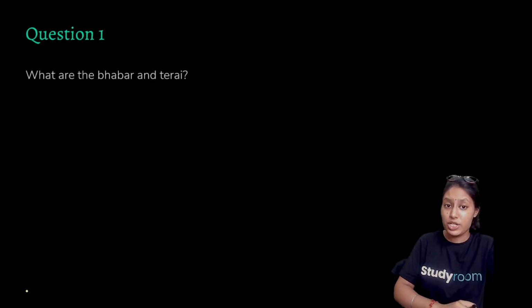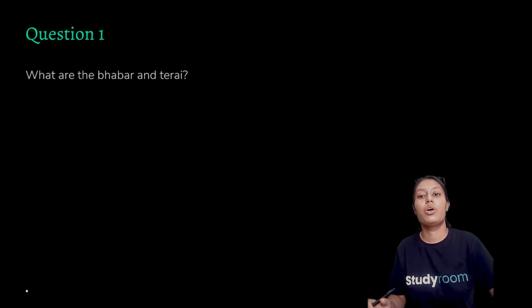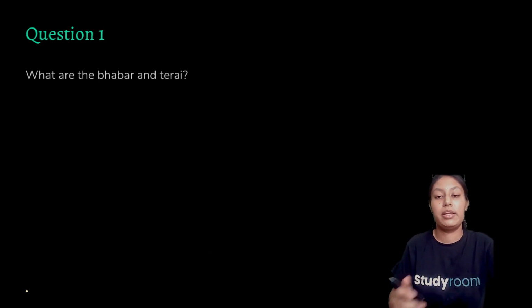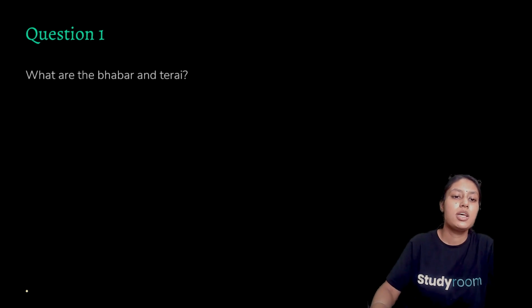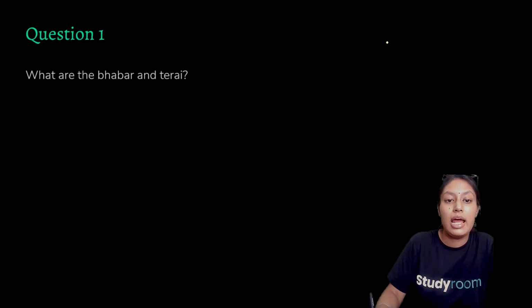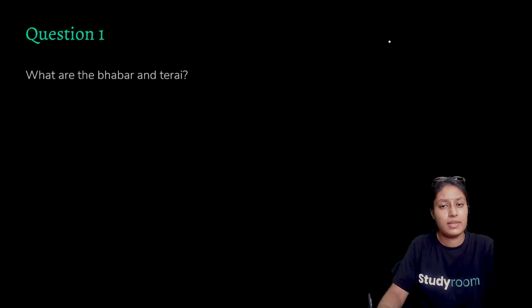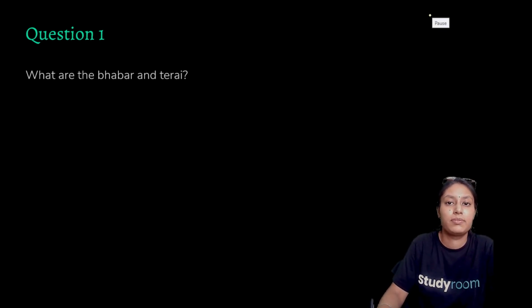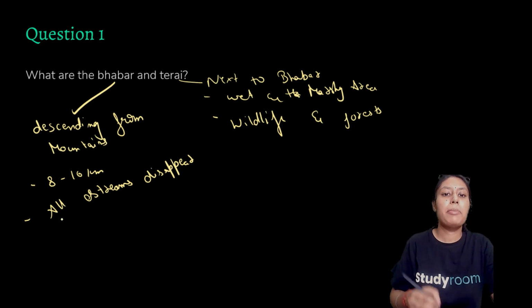Next up, we have questions as revision of what we did in the previous slide. First question: what are the Bhabar and Terai? Think a little. I hope you remember this. Let me revise. Bhabar and Terai are regions of the northern plain.